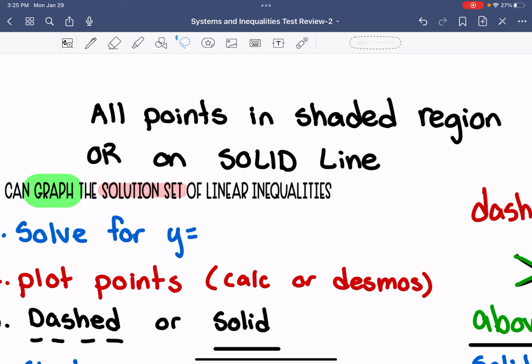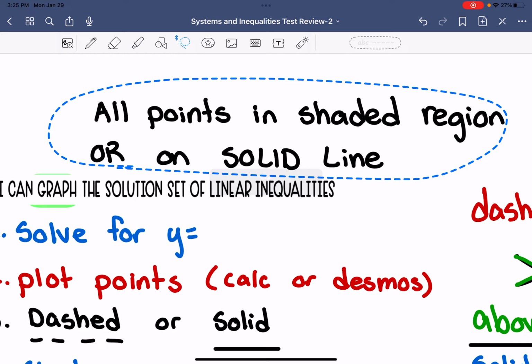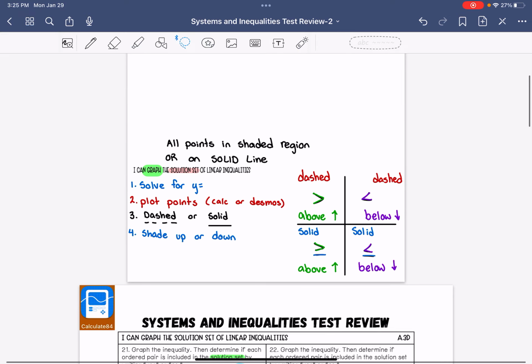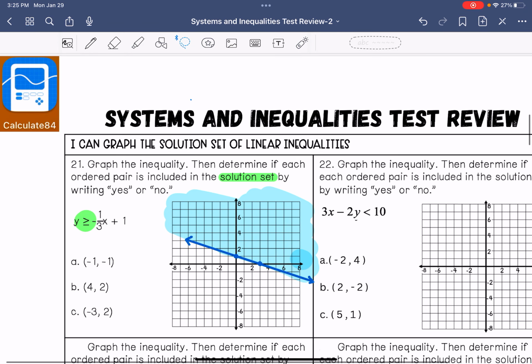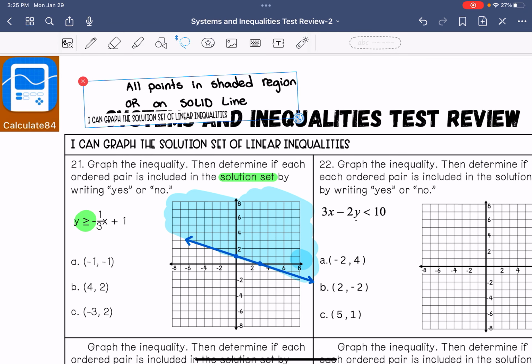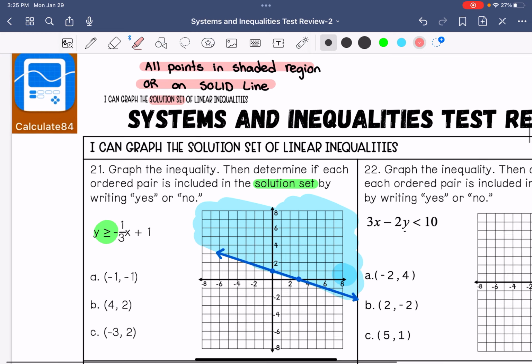Okay, all points in the shaded region or on a solid line is the definition of solution set.